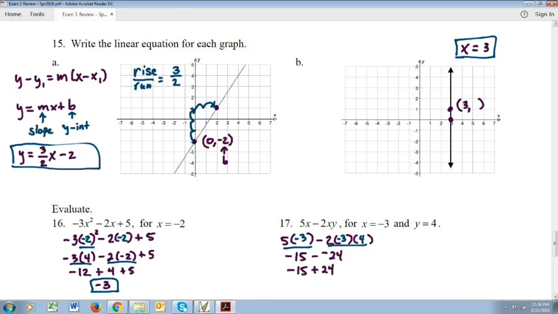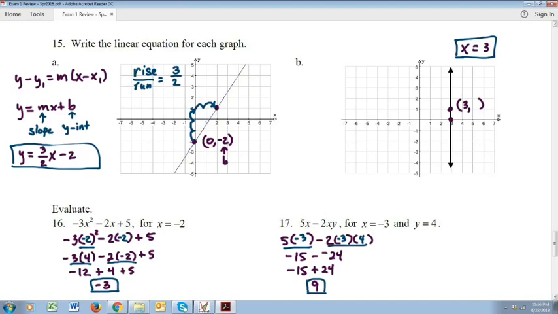So we're going to end up with negative 15 plus 24. Again, you could look at what's here and multiply negative 2 times negative 3, which is 6, times 4, which is 24, and write that as plus 24. So I'm using the order of operations, but either of these ways will get you that answer. So we're going to end up with 9.